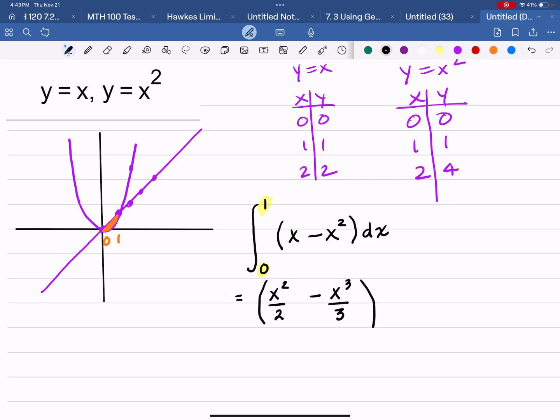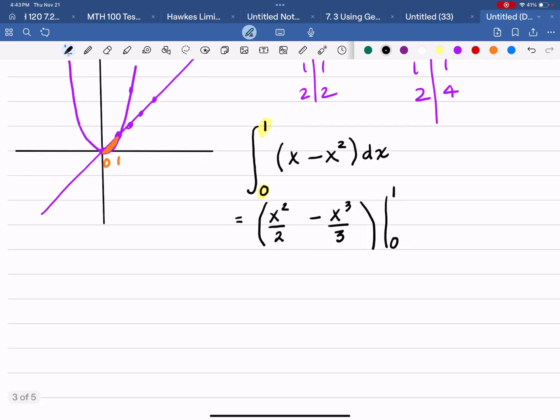I have to evaluate that at 0 and 1. So I have to do 1 squared over 2 minus 1 cubed over 3. That's 1/2 minus 1/3.